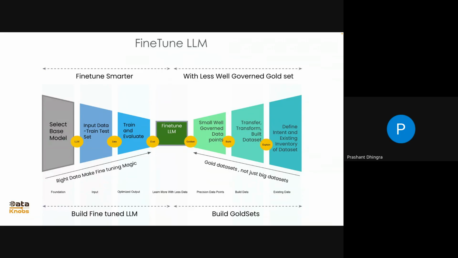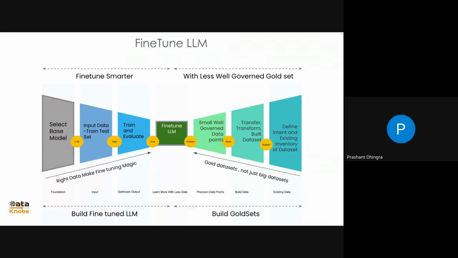Once we prepare the data for fine tuning, the unique capability we have is that using our knobs, we can select a smaller data set. Because if you fine tune on a big data set, first of all, experimentation is very hard, time consuming and costly. Second, governing the fine tuning data set is also very hard.